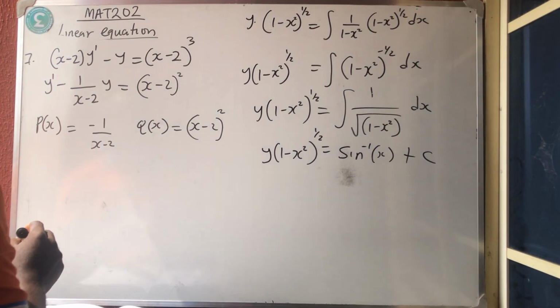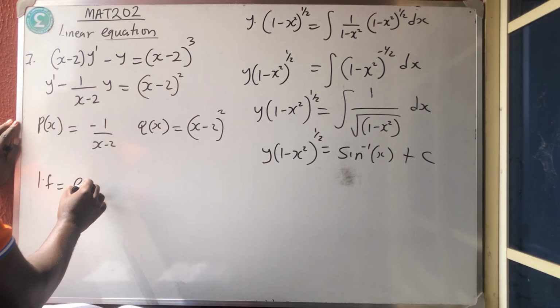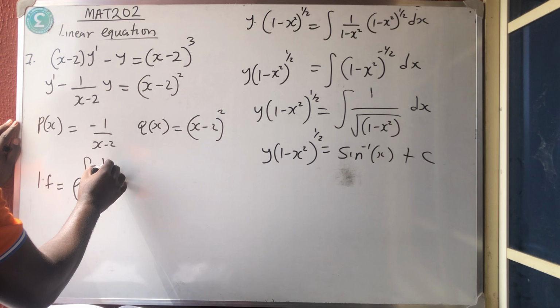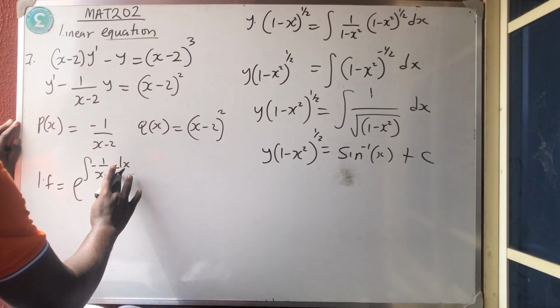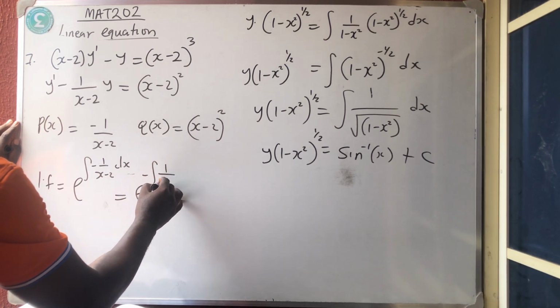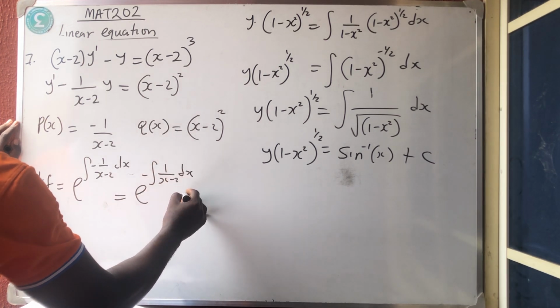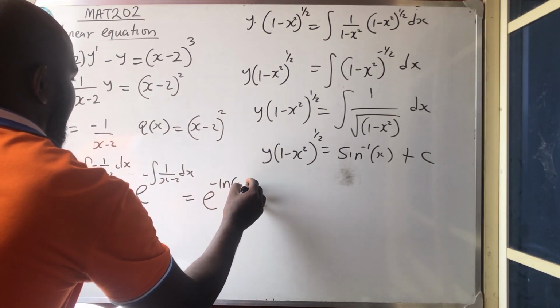So what do we do now? My integrating factor is now e raised to power the integral of minus 1 over x minus 2 dx, which is equal to e raised to power minus the integral of 1 over x minus 2 dx, which is e raised to power minus ln (x minus 2).